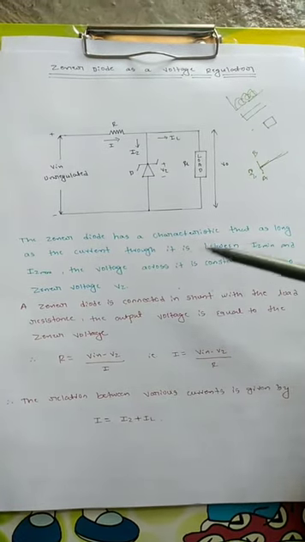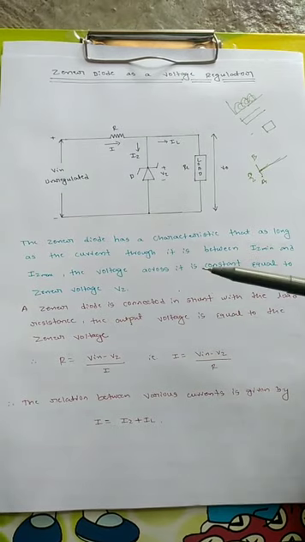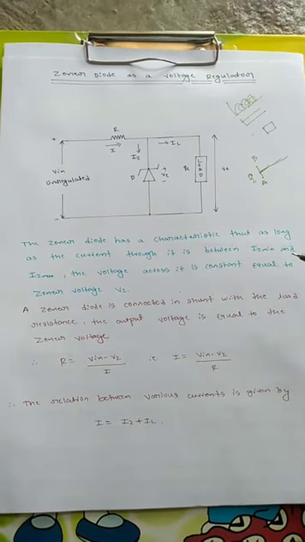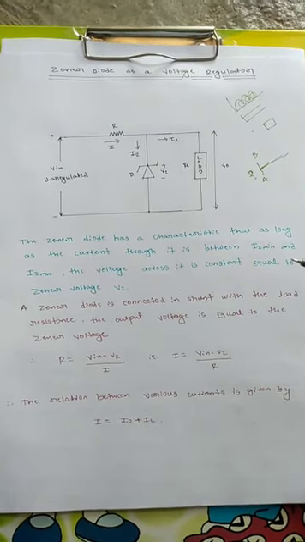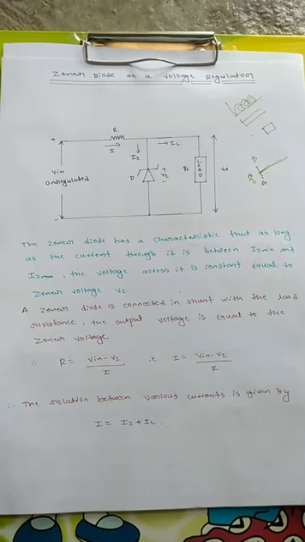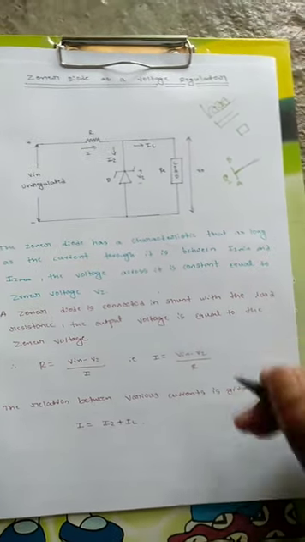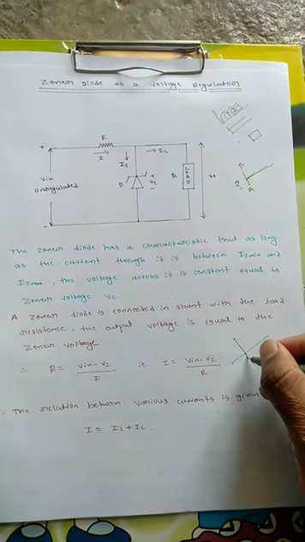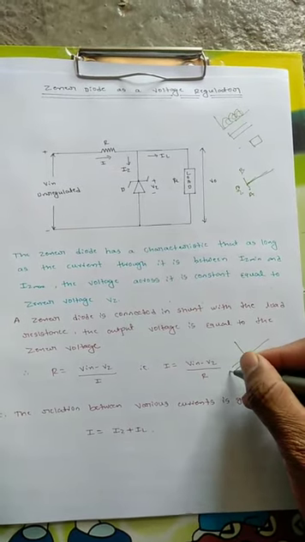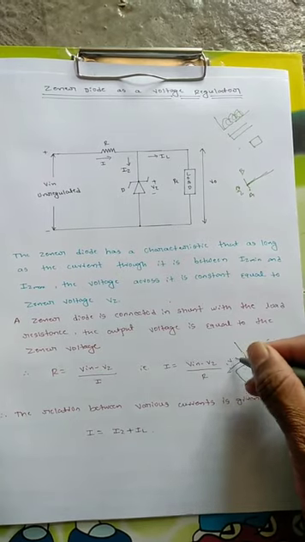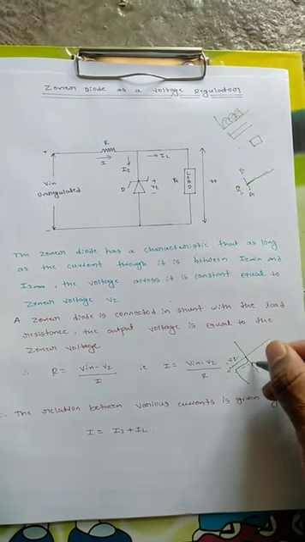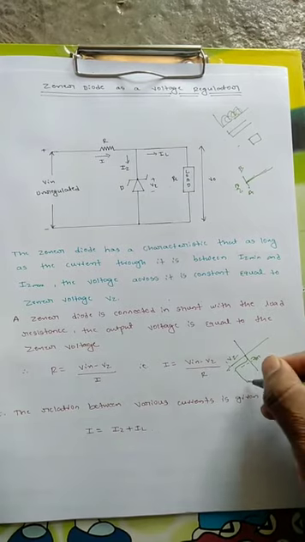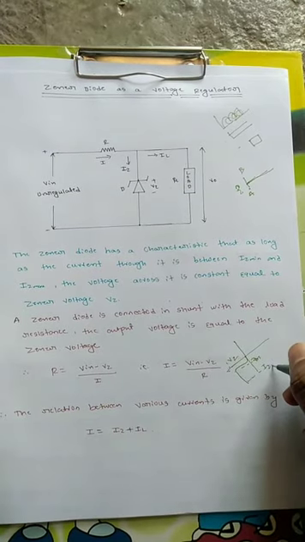The Zener diode has a characteristic that as long as the current through it is between IZ minimum and IZ max, the voltage across it is constant, equal to the Zener voltage. If you have seen the reverse characteristic of a Zener diode, it looks something like this, right? This is the VZ voltage, this is the minimum current IZ minimum and this is the maximum current IZ maximum.